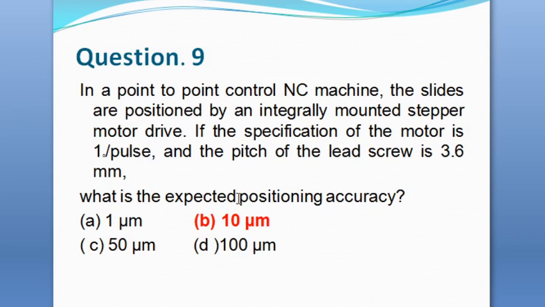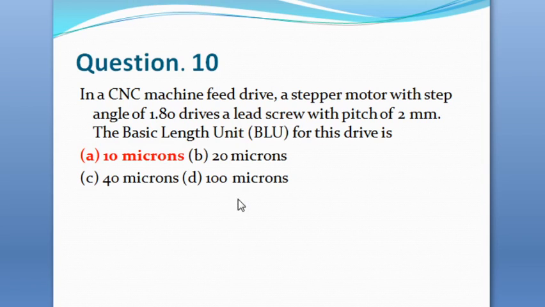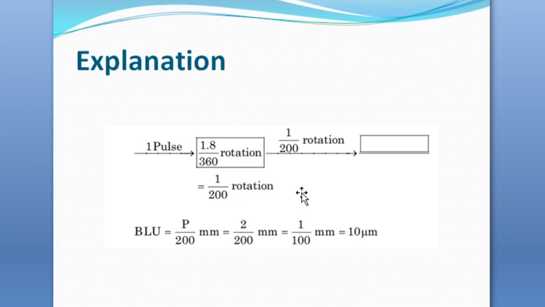Then in problem number 10, the stepper motor angle is 1.8 degree. Therefore, for receiving 1 pulse, it rotates 1.8 divided by 360 degree. Therefore, 1 by 200 rotation, basic length equals P divided by 200.